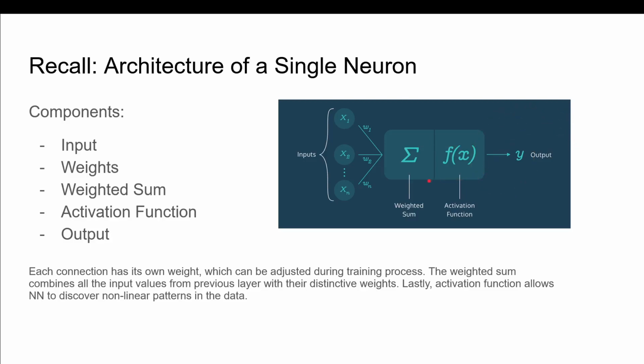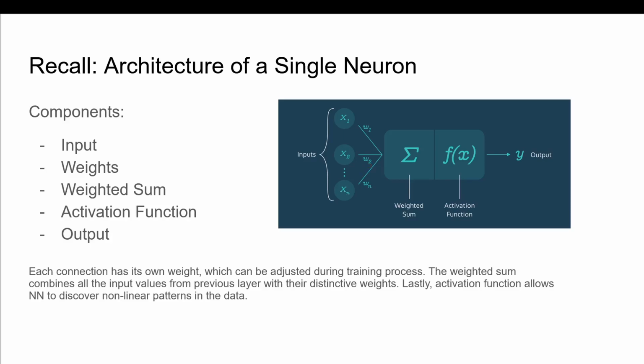That's just some engineering tricks to make your models better than before. The weighted sum combines all the input values from the previous layer with their distinctive weights, and the activation function allows this neural network to discover nonlinear patterns in the data.